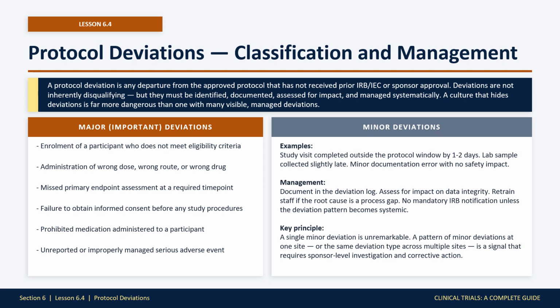When any of these occurs, the sponsor must be notified immediately. The PI must document and assess the deviation, and the IRB must typically be informed.